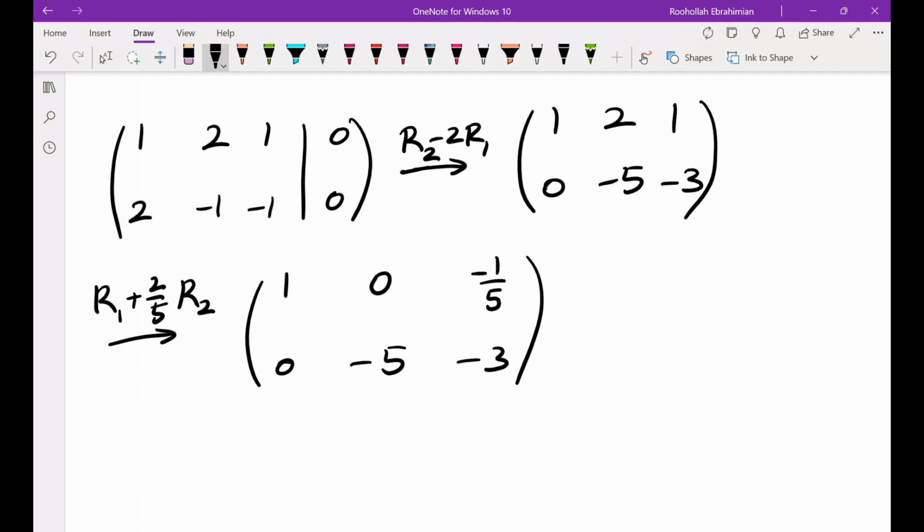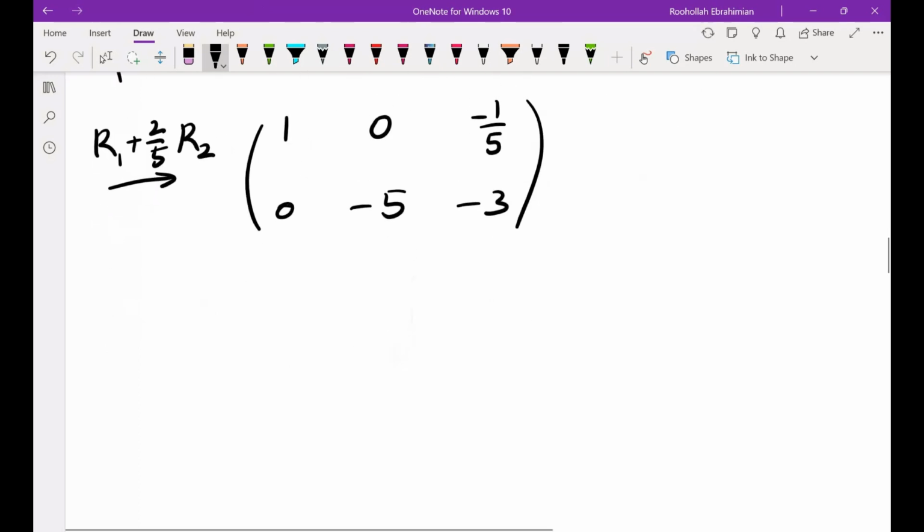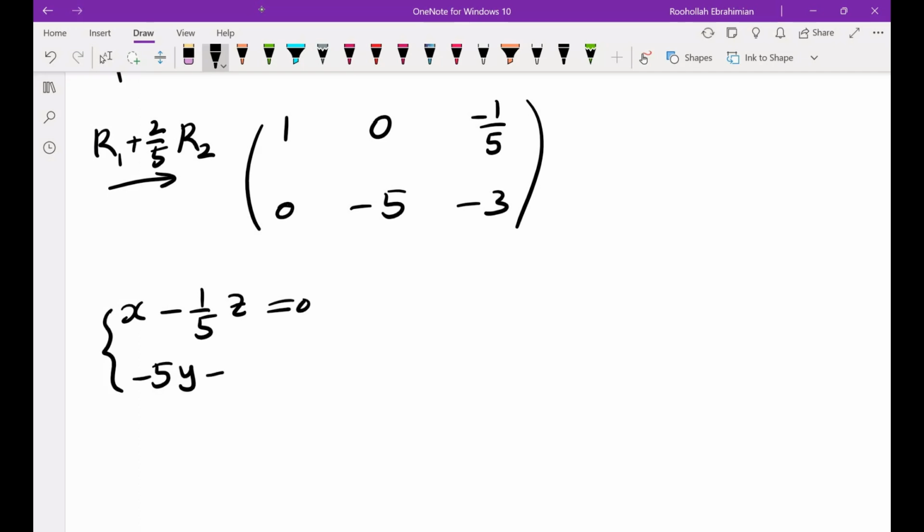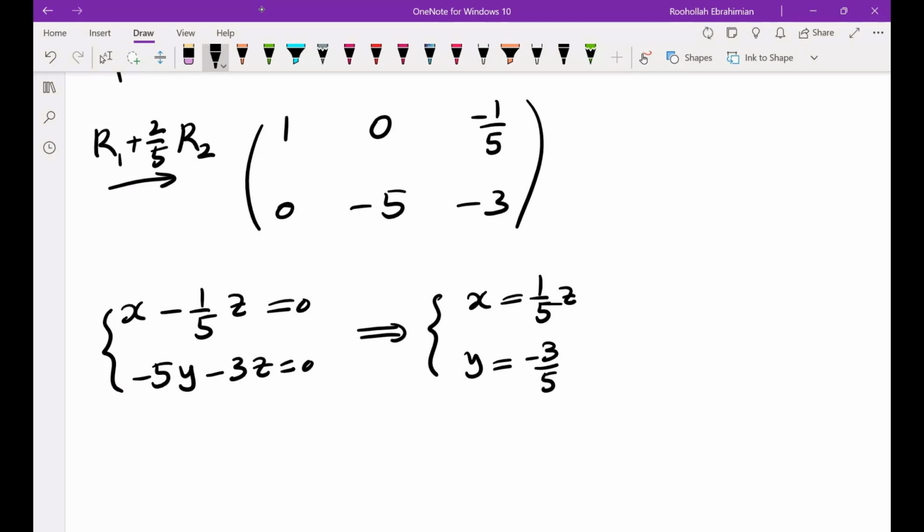Yes, okay. So this is what I get, which means x minus 1/5 z equals 0 and negative 5y minus 3z equals 0. This system gives you all the solutions to Ax equals 0, or L of xyz equals 0. This gives you x equals 1/5 z and y equals negative 3/5 z.